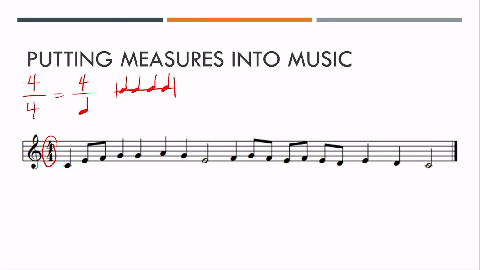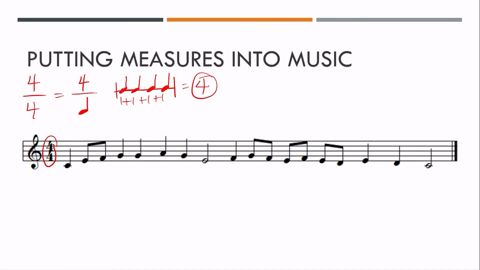We know that quarter notes are worth 1 beat. 1 plus 1 plus 1 plus 1 equals 4. So our minimum and our maximum is 4. If you add up the note values in our measures, it has to be equal to 4. It can't be less than, it can't be greater than, it has to be 4.